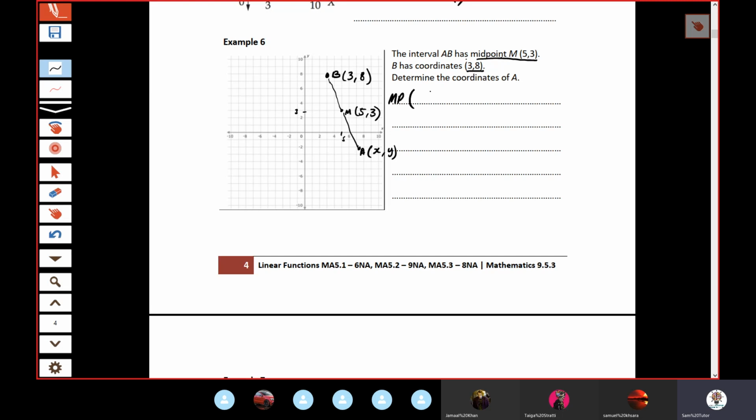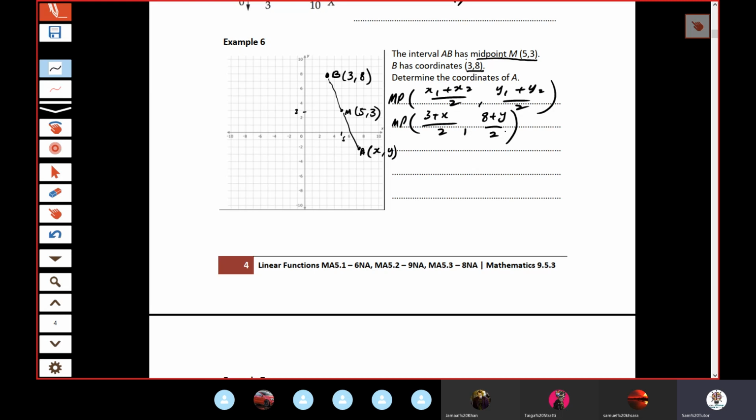The midpoint formula was x1 plus x2 on 2 and y1 plus y2 on 2. So the midpoint would have been 3 plus x on 2 and 8 plus y on 2.